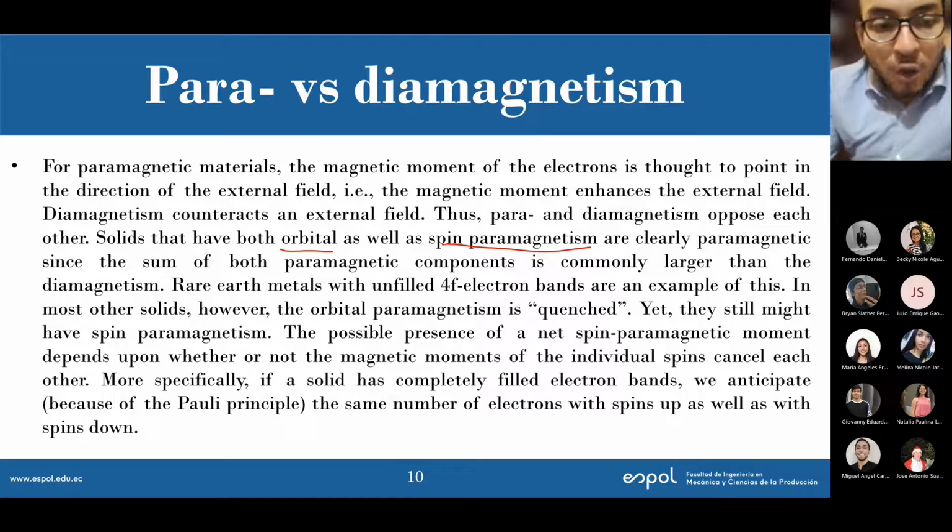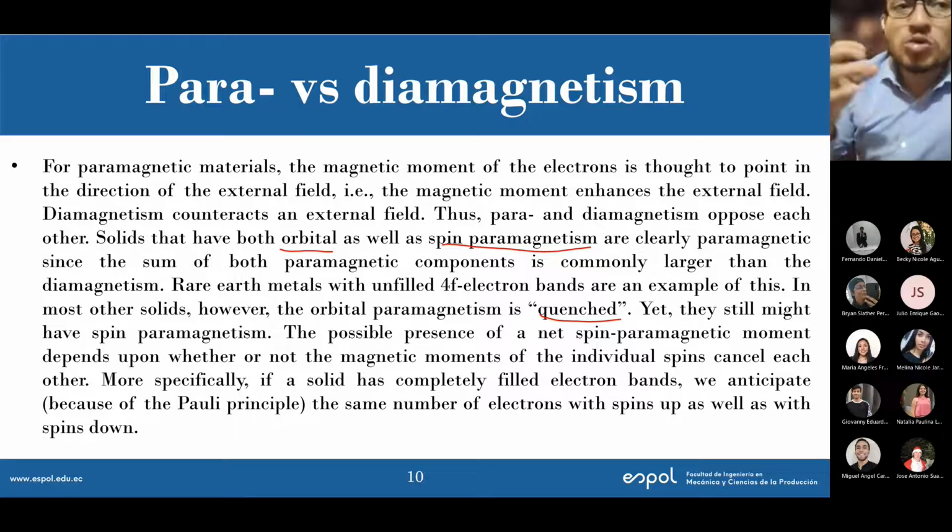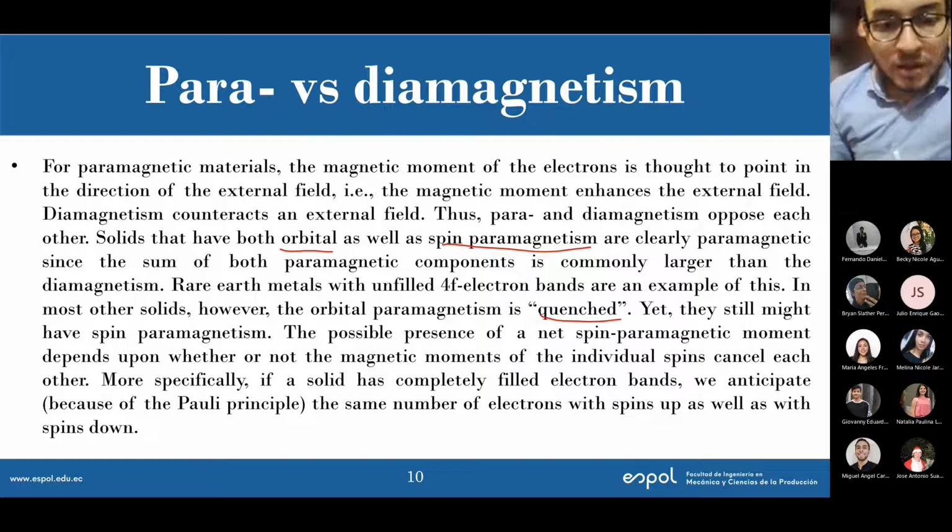Now, what happens in most other solids? That orbital paramagnetism is quenched. What does that mean? It's hindered. It doesn't really become predominant. So most other materials will not have a big effect from the electrons orbiting around the atom, so it won't induce paramagnetism.